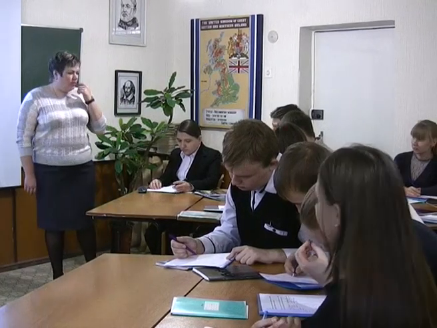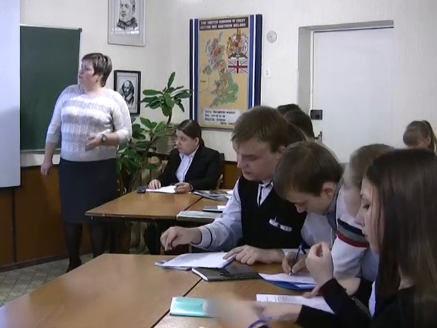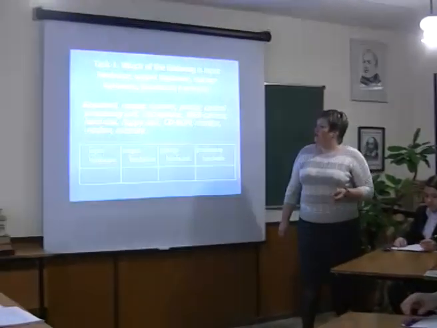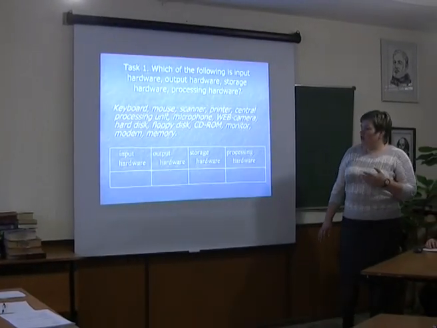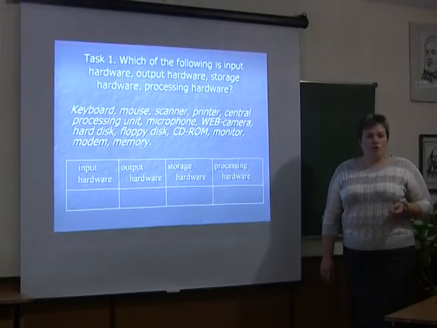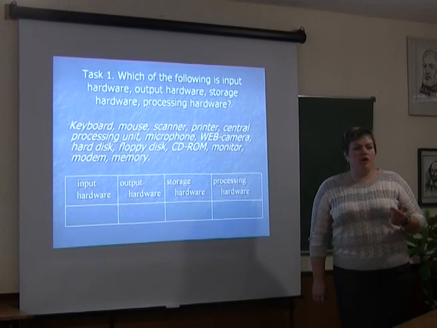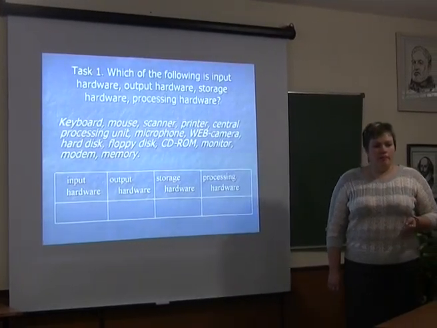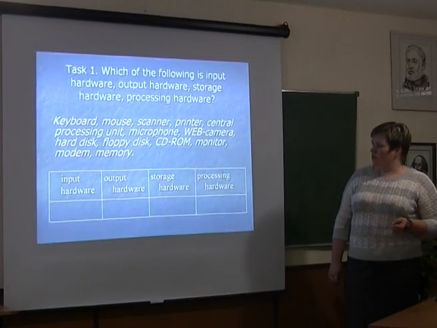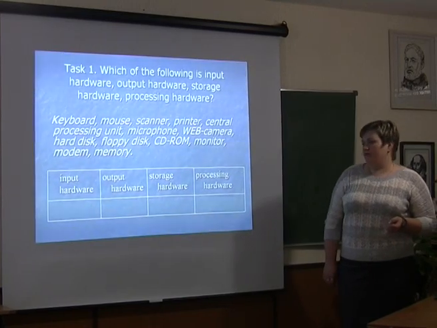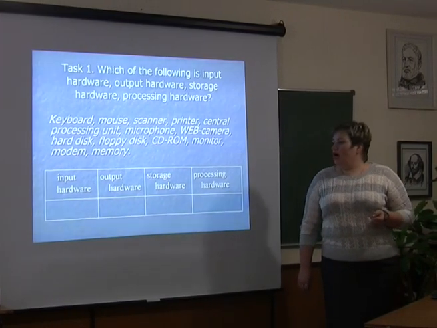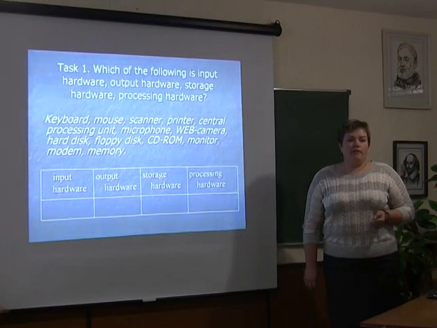So now let's check. So the first task, group number 1. You should divide these words into 4 groups or 4 columns. So the first column, input hardware, Nikita. Keyboard, mouse, scanner, microphone, web camera. Web camera, good. The next column, output hardware, Julia.